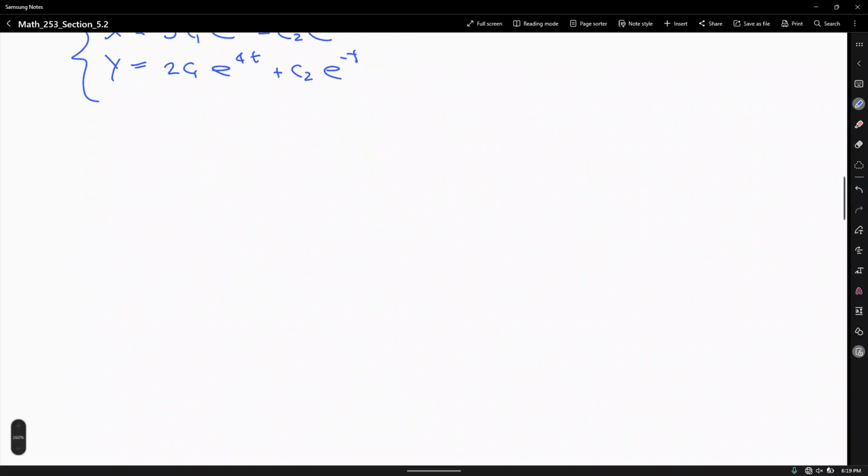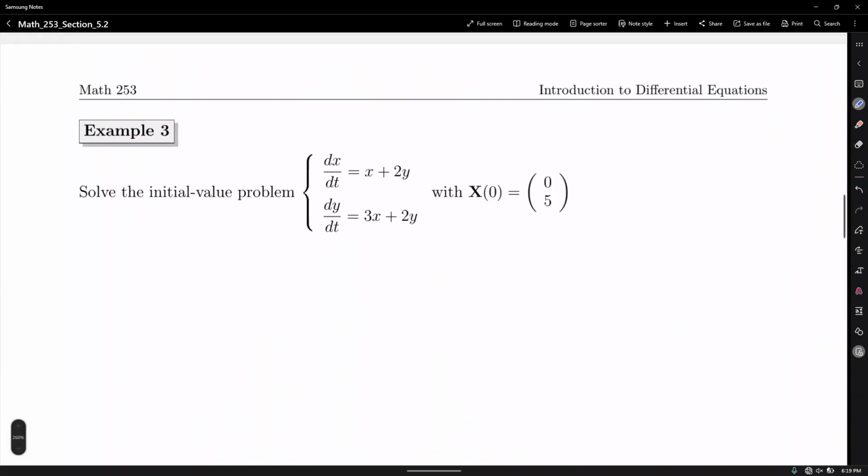Okay, all right, guys, let's have a look at the next example, which is, speaking of the devil, an initial value problem, because now we have x of 0 equals 0, 5. Let's get started by getting the eigenvalues and eigenvectors.